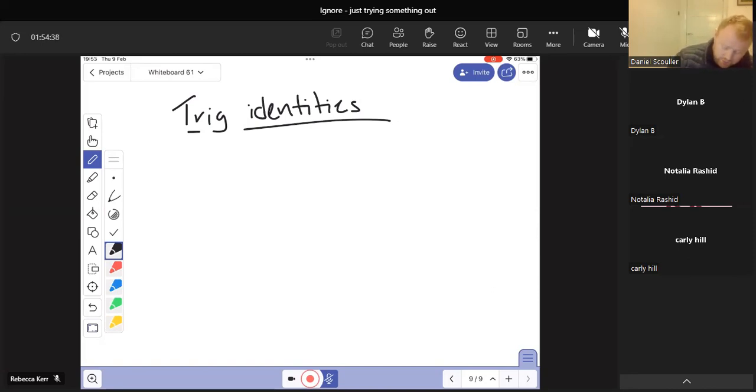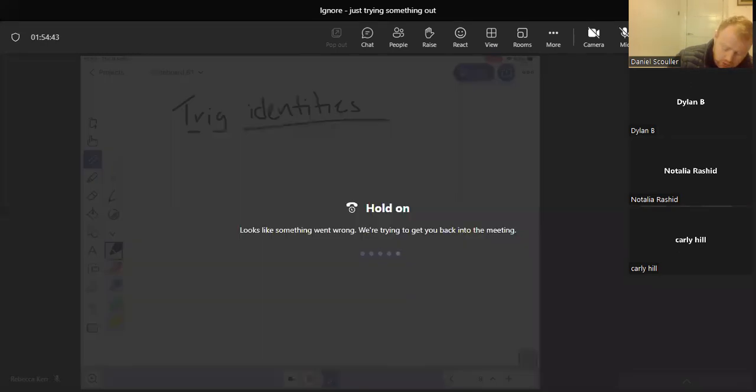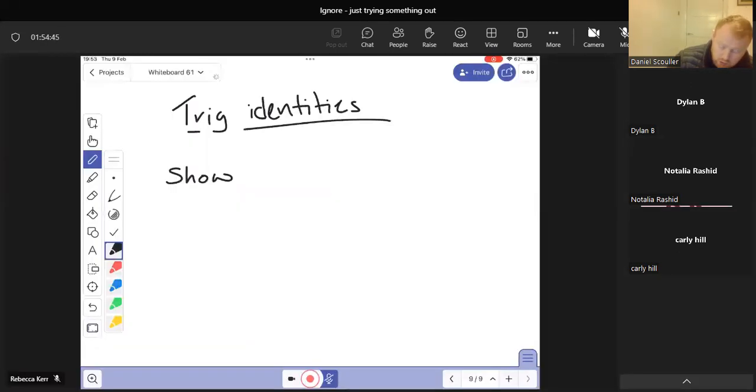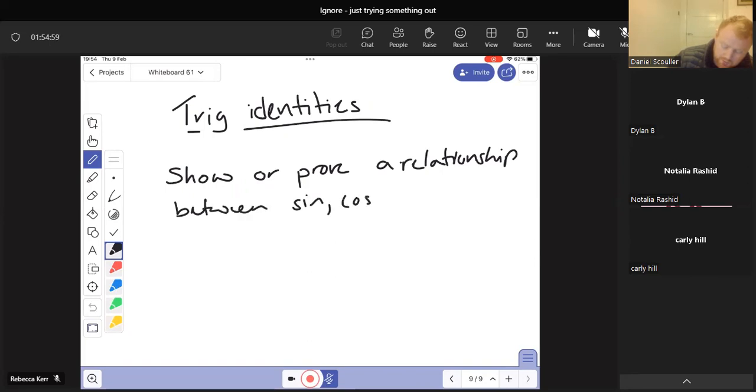These are questions where they want you to show or prove a relationship between sine, cos, and tan. It can also be used to simplify expressions. So they also like to show you, can you simplify this expression using these identities?